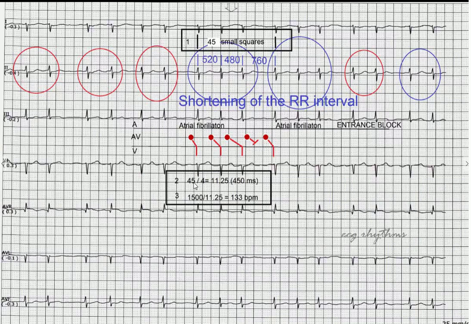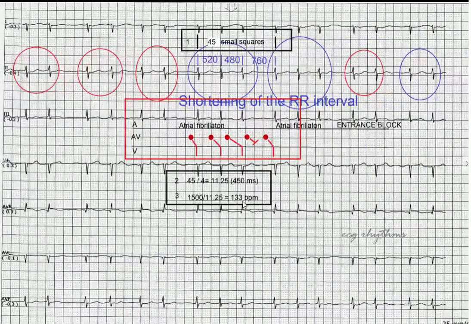So 45 divided by 4, so there'll be about 11.25 small squares. Next, we get the rate by dividing 1500 by that 11.25, and so we get 133 beats per minute. So we're talking here about junctional tachycardia.